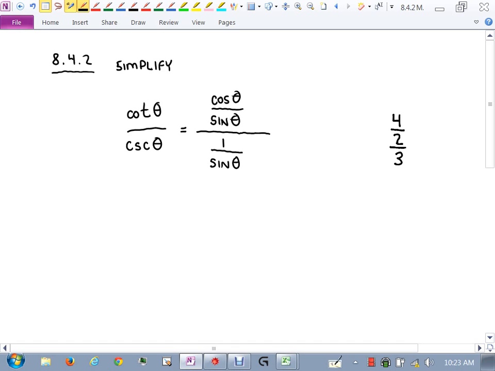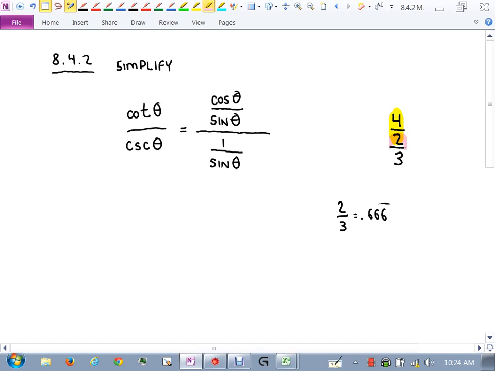Or does it matter? Does it give you the same answer? Let's see. If I did this first, I would get what on top? 2, and then 2 divided by 3 would be like 0.666 forever, right? Yes? But what if I did it the other way around?